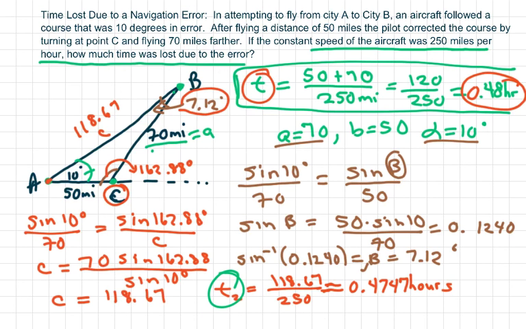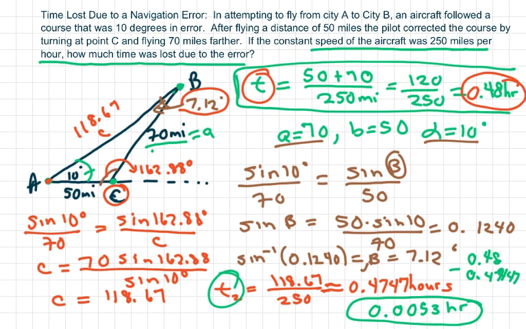So when you subtract these two, 0.48 minus 0.4747, the trip took about 0.0053 hours longer. So that's your answer. Or if you want to multiply that to get the seconds, that's basically 19 seconds.